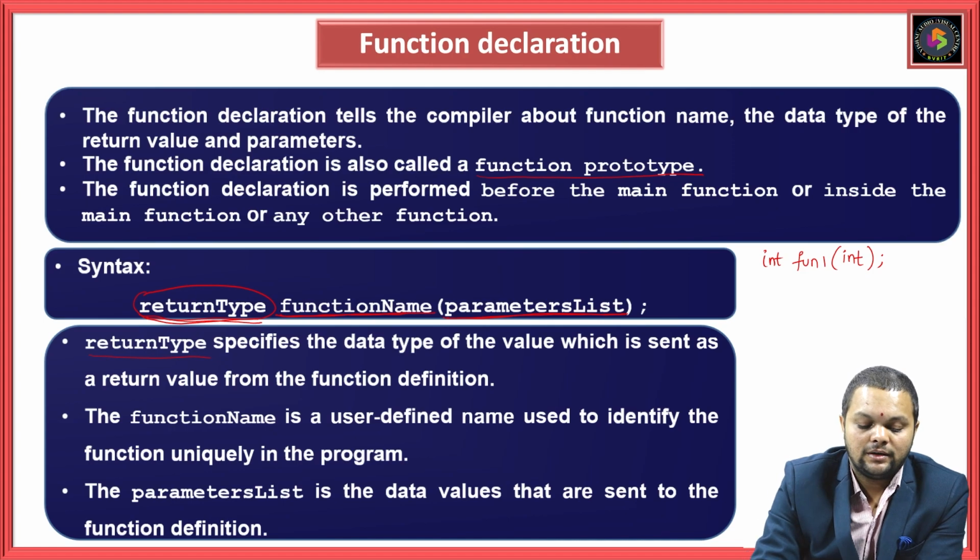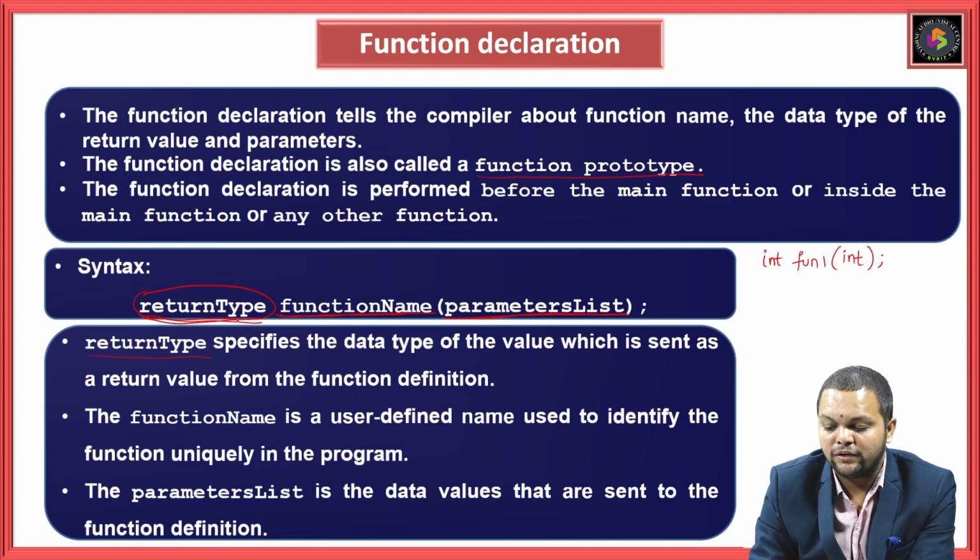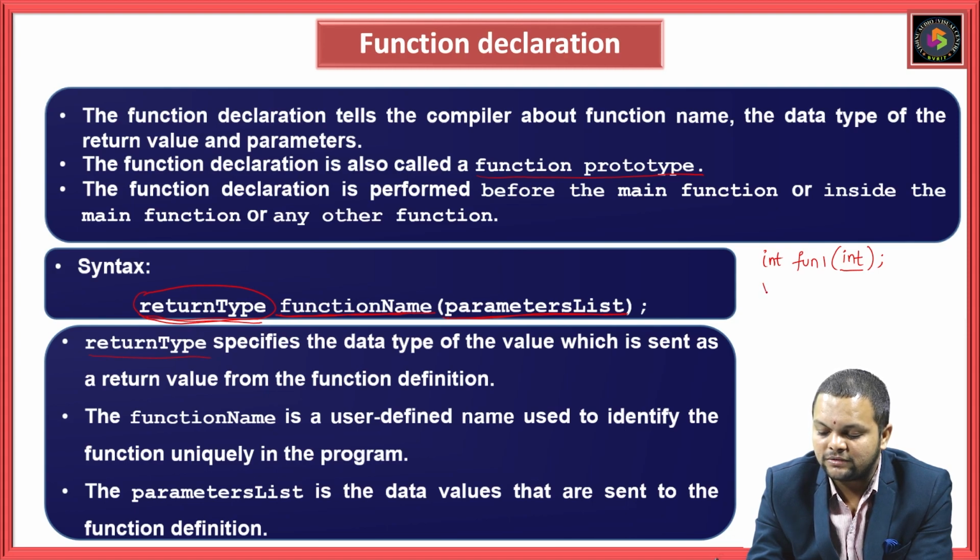That means the return type is integer, the name of your function is function1, and the next thing is the parameter list, so I'll make this an integer. The next thing, I'll write void function1 of int.